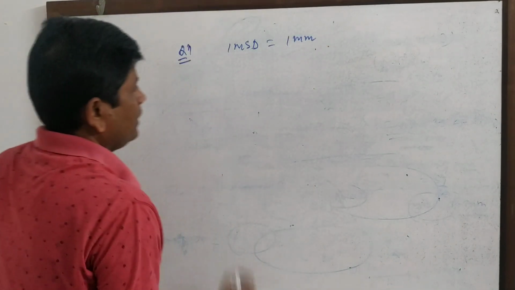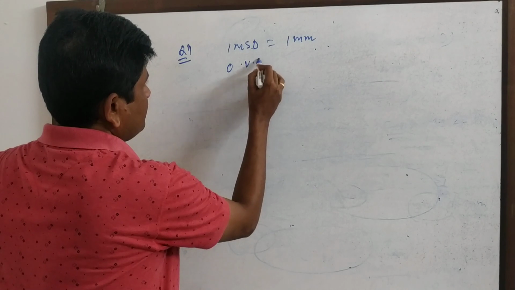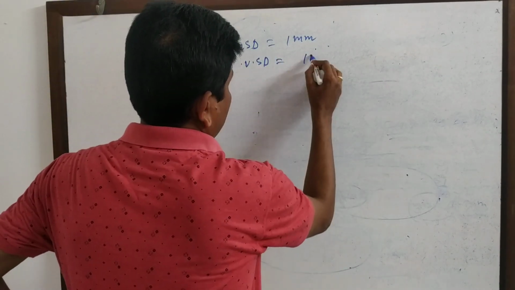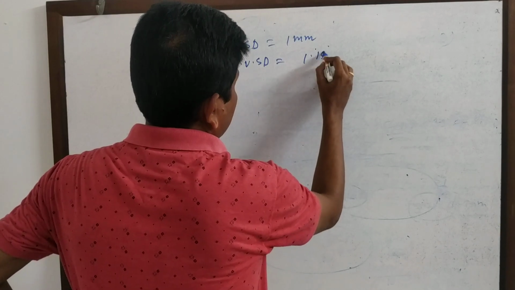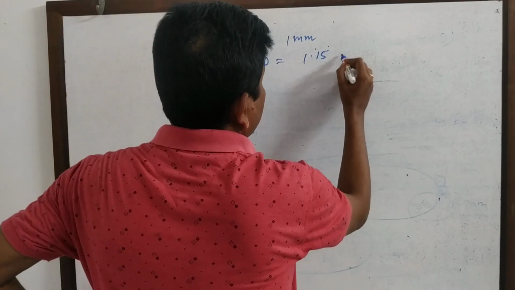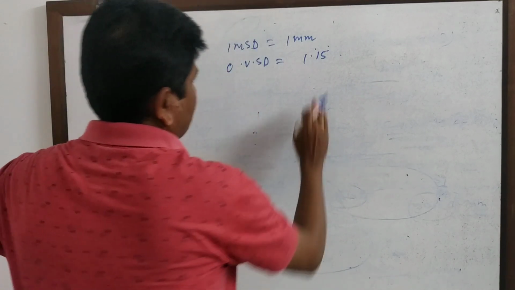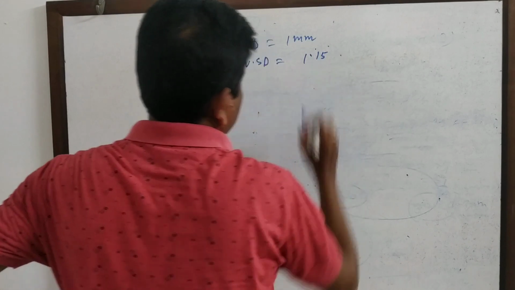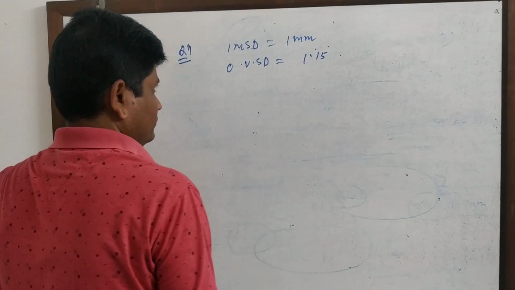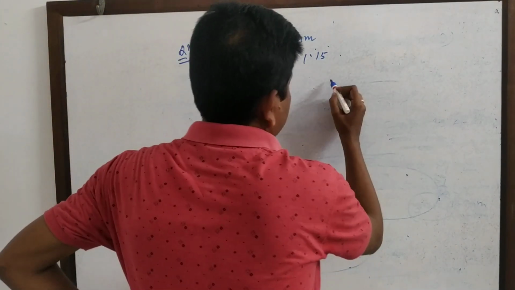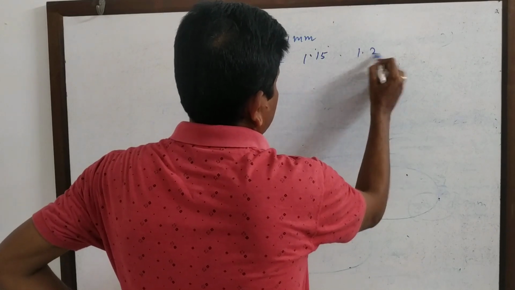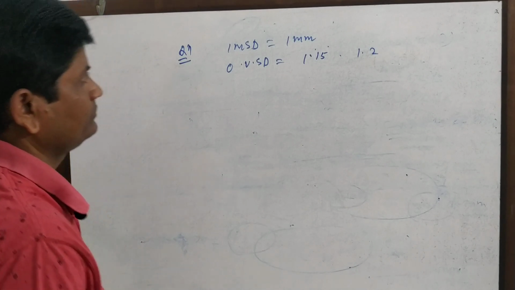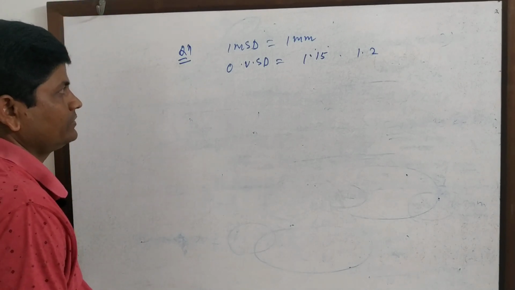The 0 mark of the Vernier scale division lies between 1.15 and 1.2.